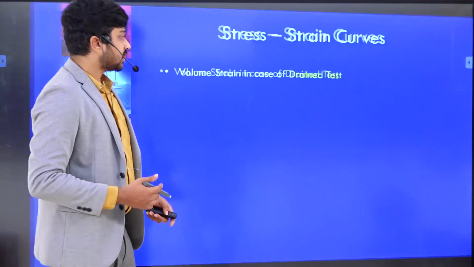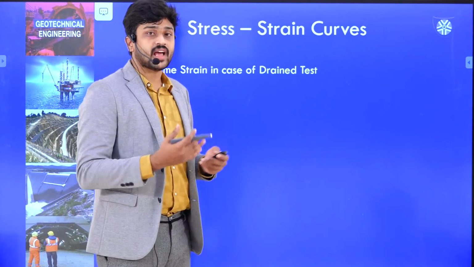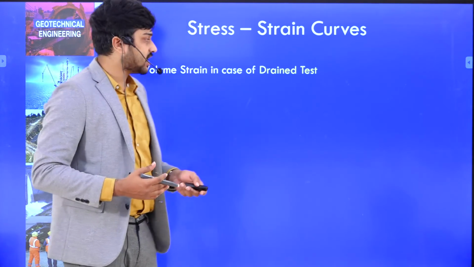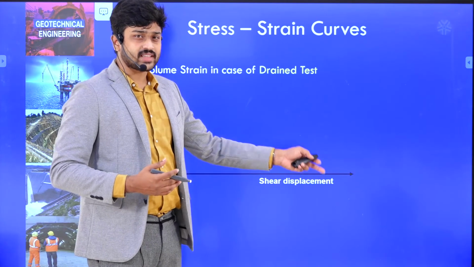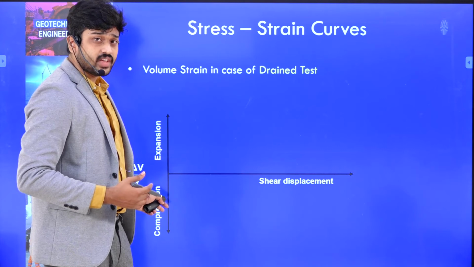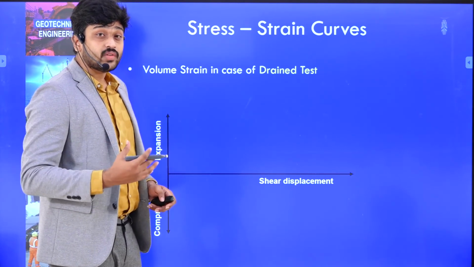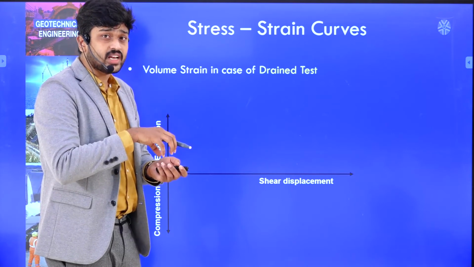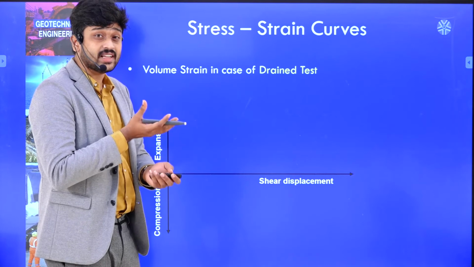Furthermore, we have looked at axial strain, so now let us look at volumetric strain. For a similar plot, shear displacement is plotted on the x-axis, and the volumetric strain, delta V by V, is taken on the y-axis. In case of dense sand, what will happen? It will compress initially, but after some time it will resist, because the sand is dense.